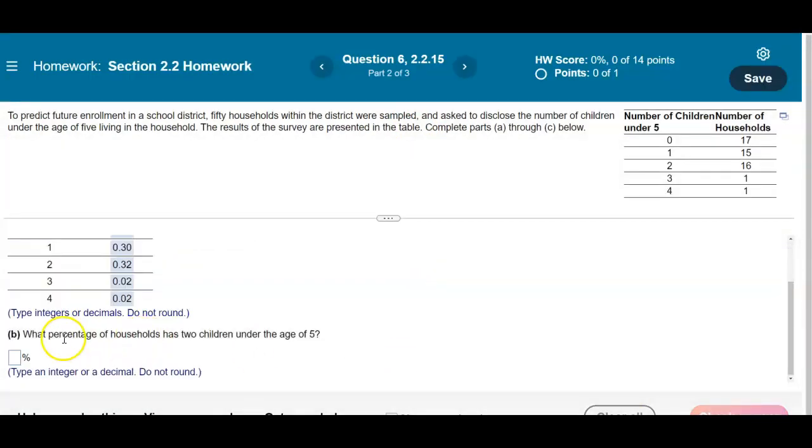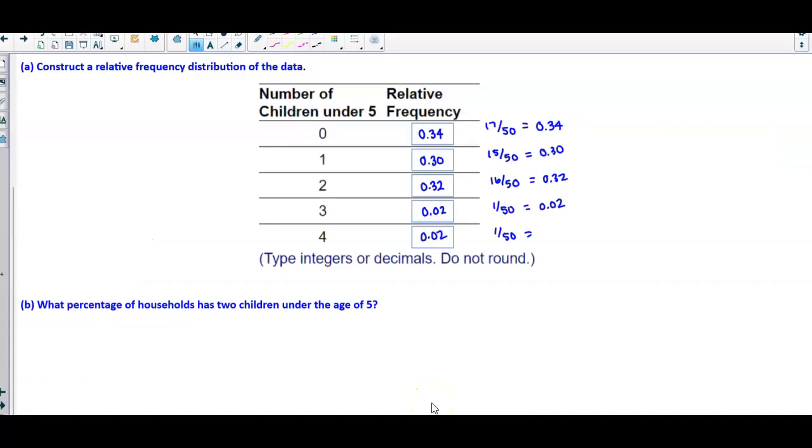Okay, now the next question in part B says, what percentage of households has 2 children under the age of 5? Okay, so what we're looking for is the value of 2, because 2 children under the age of 5. So here is our value of 2, and there is the number, which is 0.32.